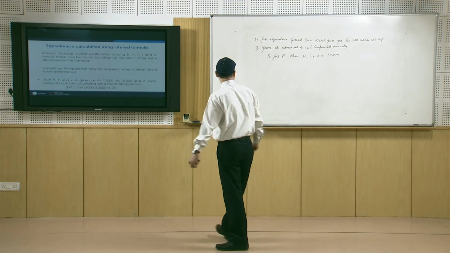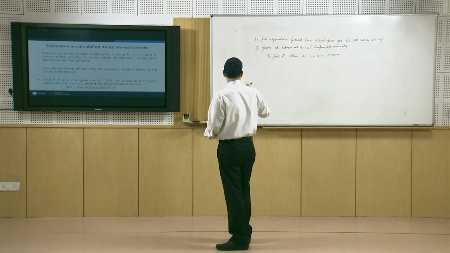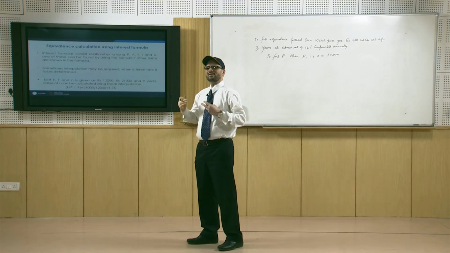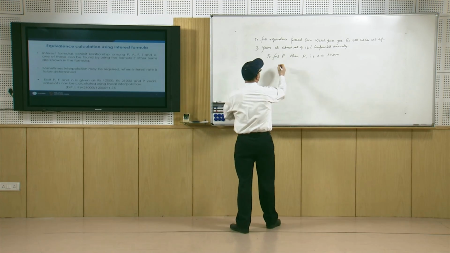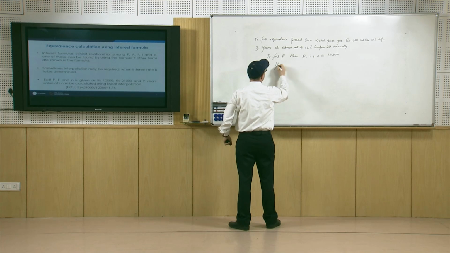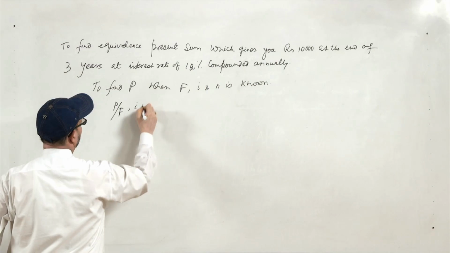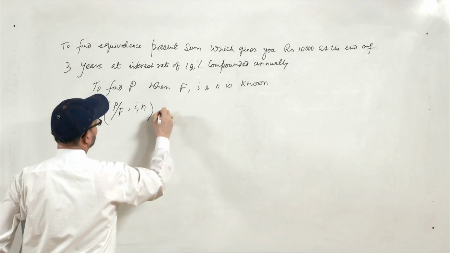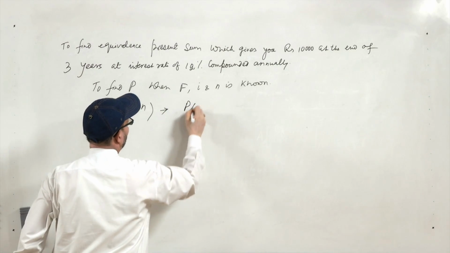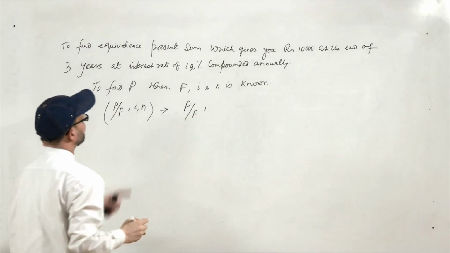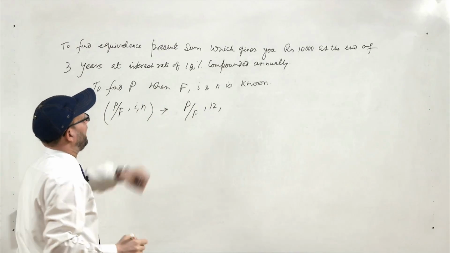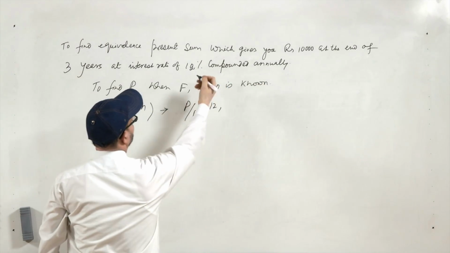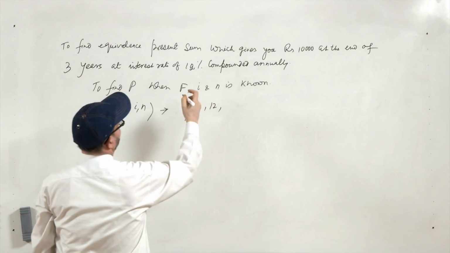So, in that case, you can find P by using the factor P by F, I, N, that is P by F, where I is given as 12% and F is 10,000 in 3 years.